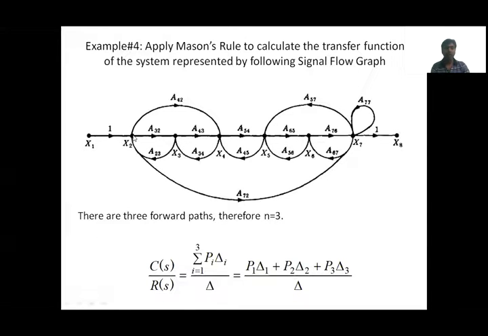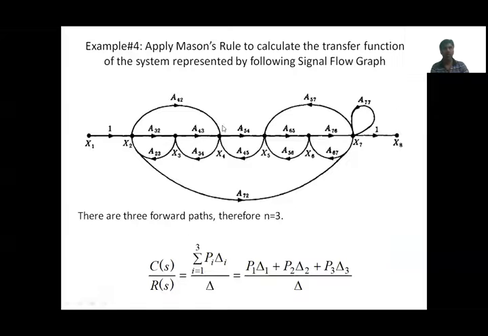Here from x1 to x2, then x2 to x3, then x4, you can go straight, that is one path. The second path is from x1 to x2; from x2 you can divert, jump to x4 directly, then go straight. The third path is that you can go this way, directly to x7 and reach x8, just like a bypass.